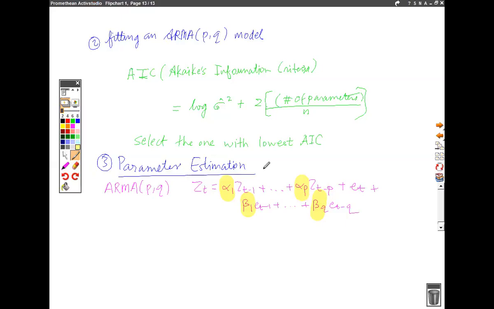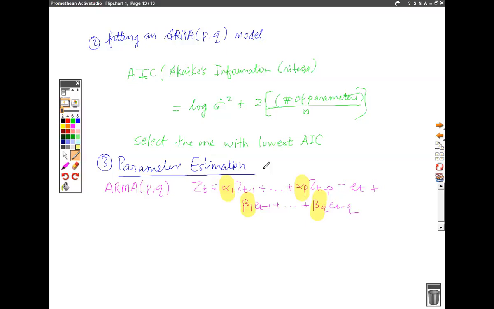And the very first assumption that we make is that our error terms follow a normal distribution with mean 0 and variance sigma square. And that is what will allow you to say that if you estimate the parameters using least squares or maximum likelihood, they'll give you the same answers. But in general, they need not be the same.